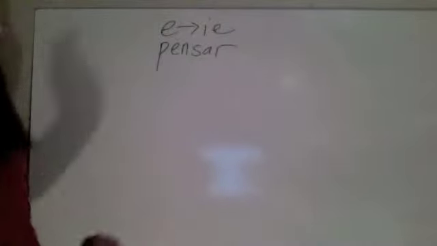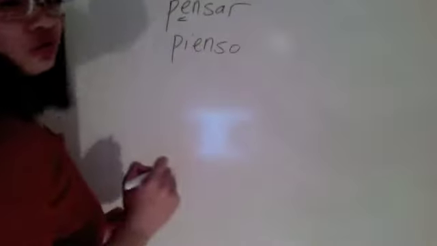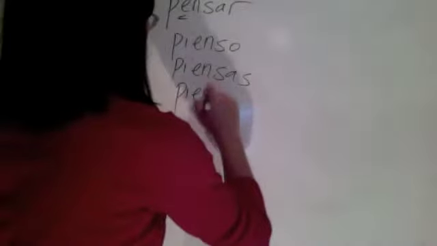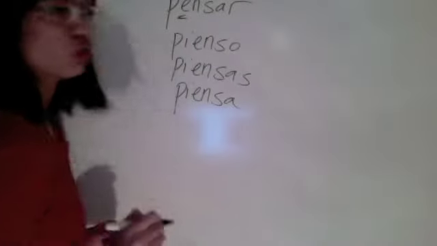pensar, to think. Again, it's E to IE, and E is right here. Let's conjugate it. Pienso, yo form. Tú piensas. Él, ella, usted piensa. Again, nosotros does not have stem change.